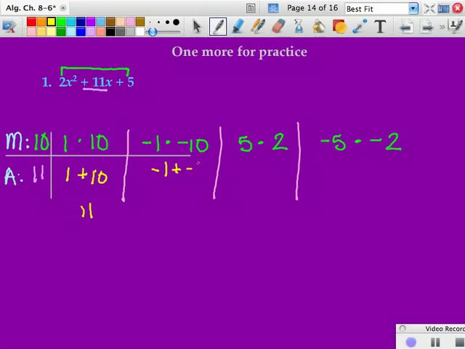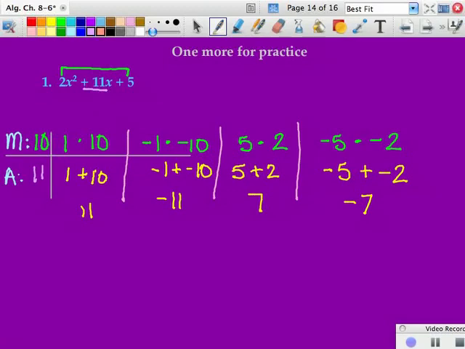And -5 plus -2 would give us -7. All right, so we're looking for the two terms that multiply to give you this number up top, the 10, which is everything we have already. We just have to find out which one gave us the sum of 11, which would be that one.